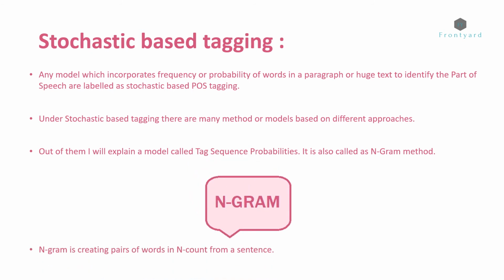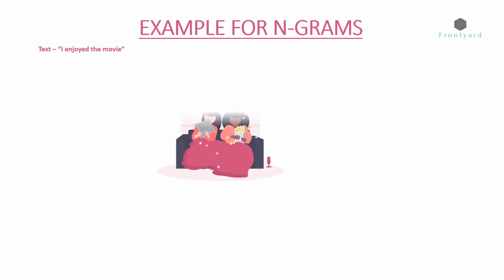The n-gram is all about creating pairs of words of count n from a sentence. With an example of n-gram, let us understand how stochastic based tagging works. Here is a text that says, I enjoyed the movie. With this text, let us see how groups of words are created using n-gram.